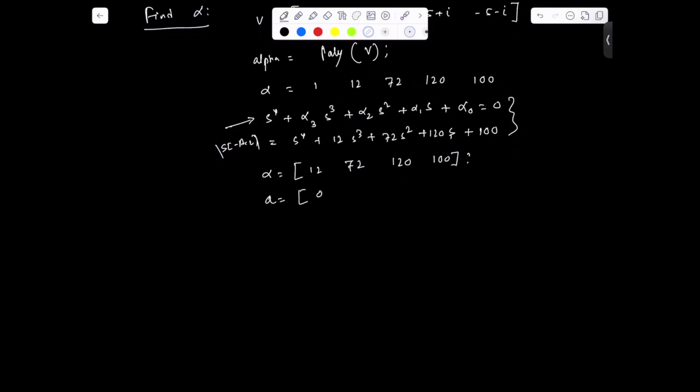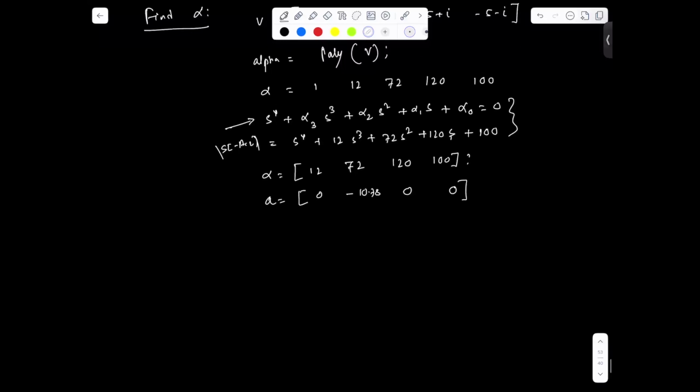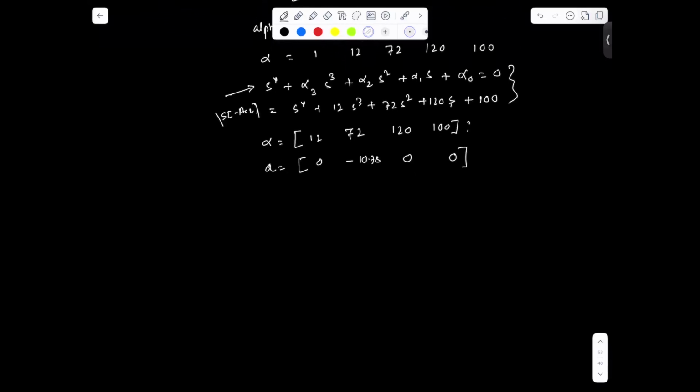And A is given to us, so it is 0, minus 10.78, 0, 0. Now we can find K equal to alpha into P dash into P dash inverse.